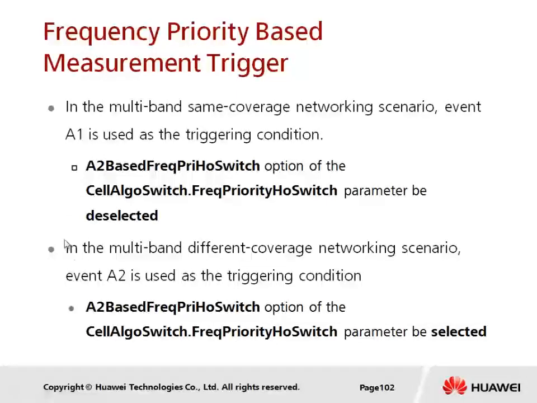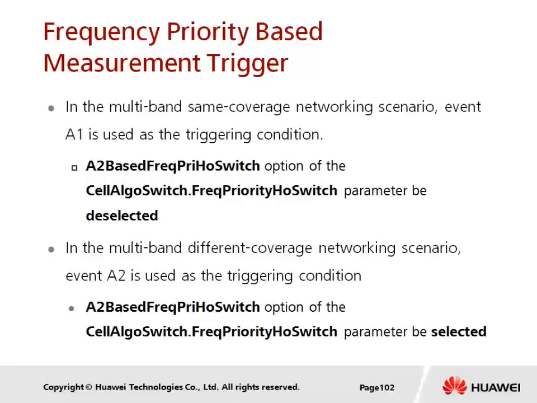If we look at the second scenario, where the multiple bands have different coverage, both the higher priority and lower priority frequency bands are not co-site or co-sector. Hence, in this case, event A2 is used as a triggering condition for measurement. Event A2 indicates that the serving frequency quality is worse than a threshold.